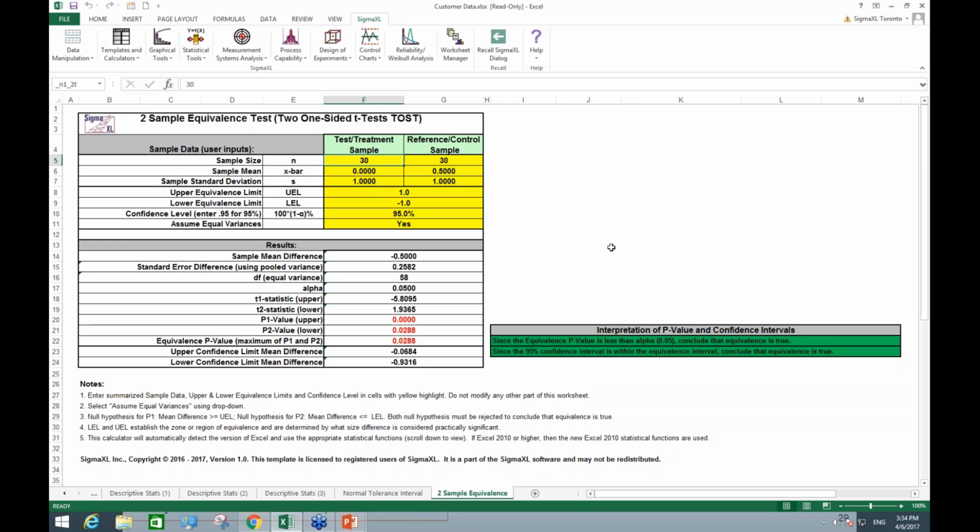So how do we do that? Well, with a little bit of trickery, we use two one-sided t-tests. And if you reject both null hypotheses, then you can conclude that the means are the same. So what's the trick? Well, the trick is in this upper and lower equivalence limit.